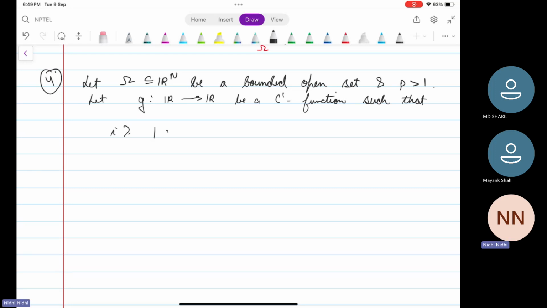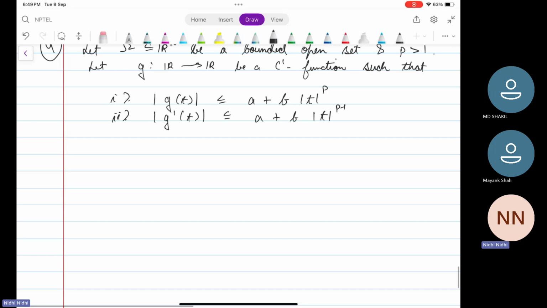Firstly, mod g(t) is less than or equal to a plus b times mod t to the power p, and we have mod g dash t is less than or equal to a plus b times mod t to the power p minus 1, where a and b are some constants.